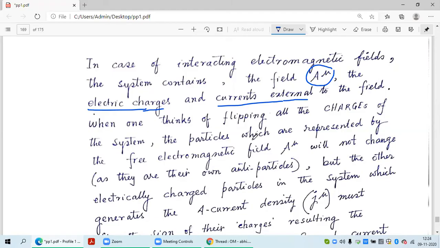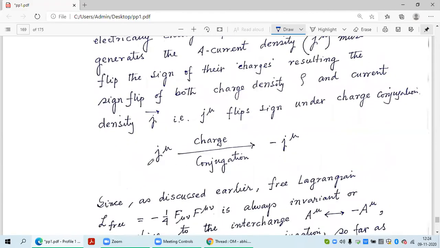Clear? So we can safely say, this object, whatever it may be, under charge conjugation, under flipping all the signs of the charges, J mu will change sign. Is this clear?